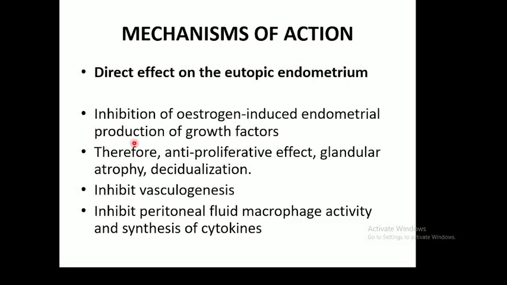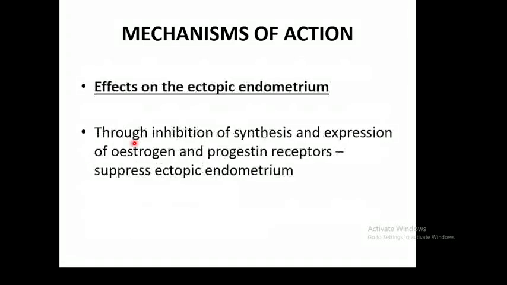These are the mechanisms of action. The trophic hormone to the endometrium is estrogen, which causes endometrial proliferation. The counteracting hormone is the progestin or progestogens.